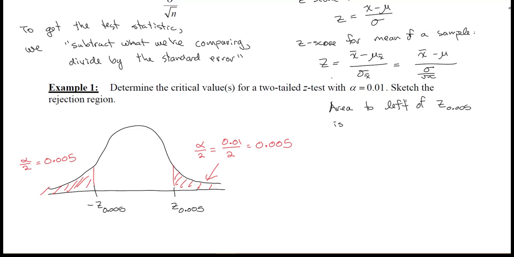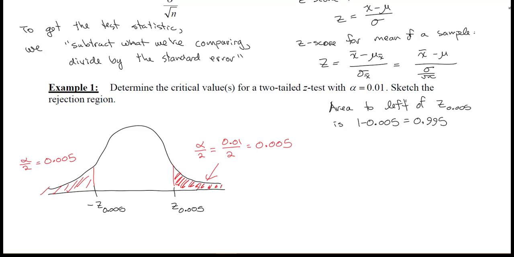It is 1 minus 0.005, which is going to be 0.995, because remember, the area under the whole curve has got to add up to 1. So if that little shaded area to the right is 0.005, then the rest of it's got to be 0.995.